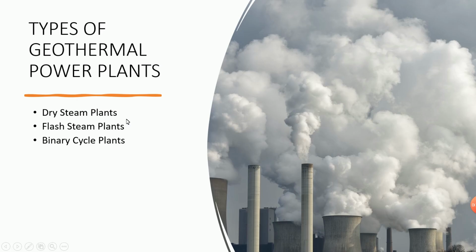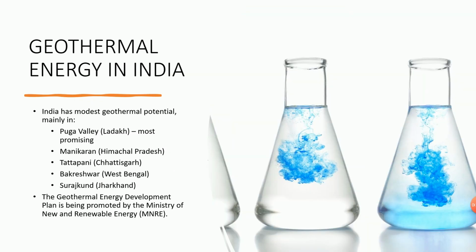Dry steam is taken directly from the ground. Flash steam is taken not as steam but as hot water at a certain level. In the binary cycle, they don't use the extracted steam directly. Instead, they use this steam to heat another low boiling point liquid, or mercury or some other chemical, just remember that. They use it to heat that chemical, then use that chemical for generation. So these are the types of geothermal power plants.